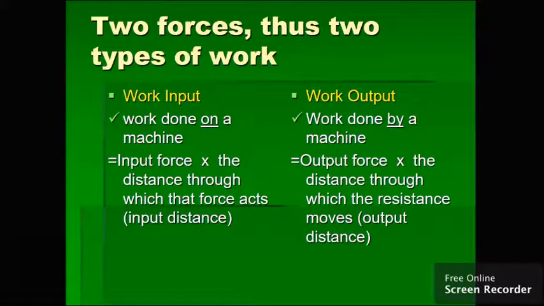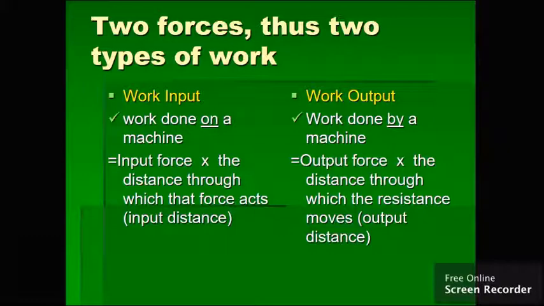So there are two forces, and therefore there are two types of work. There's the work input, that's the work done on the machine, and the work output, that's the work done by the machine. Now remember, work has a scientific definition. It's force times distance.